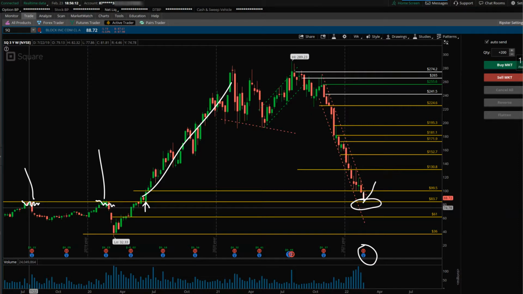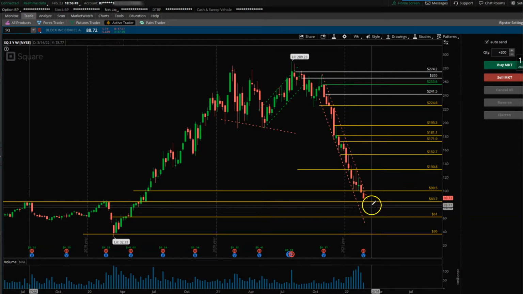Tomorrow's earnings are, I think, after close. If it drops hard, I think 61 is the next major level. But it could be worth a shot here, because if earnings come out really nice and it bounces from 84, nobody remembers that earnings were here and that's why we saw a bounce.